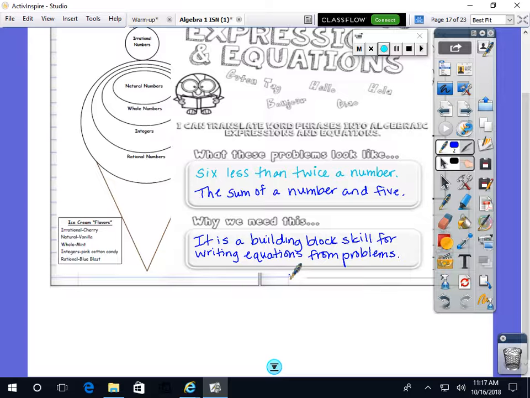Okay, now that you have that page filled in, you'll go ahead and open it up to the page that says how to translate expressions and equations.